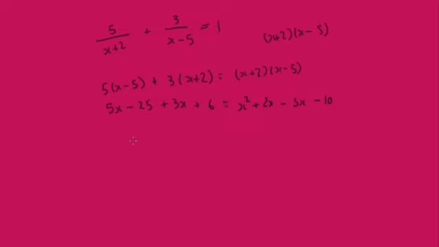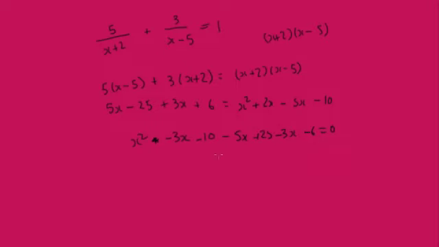So let's gather terms together. So we've got x squared here, plus 2 plus minus 5 is going to be minus 3x minus 10, and we have this minus 5x here, plus 25 minus 3x minus 6 equals 0.